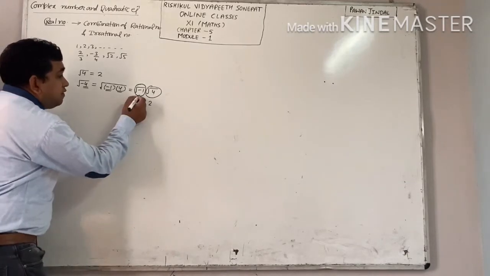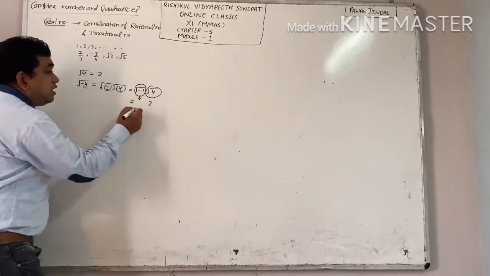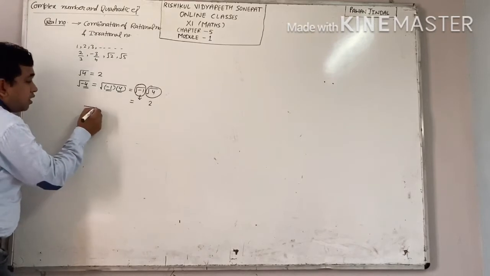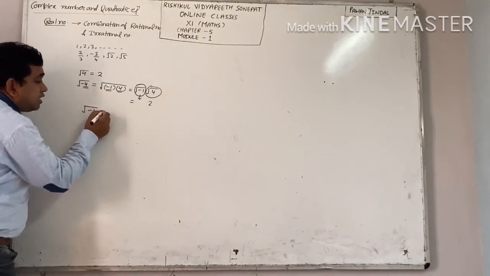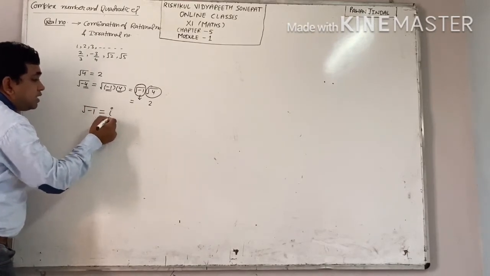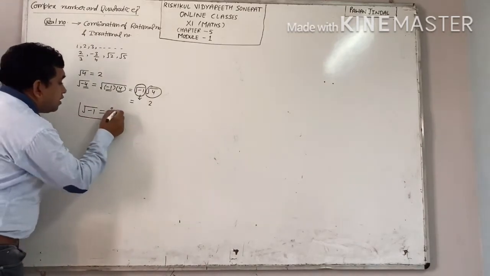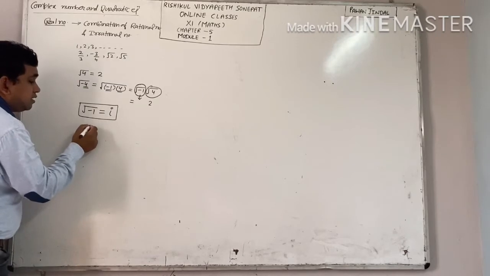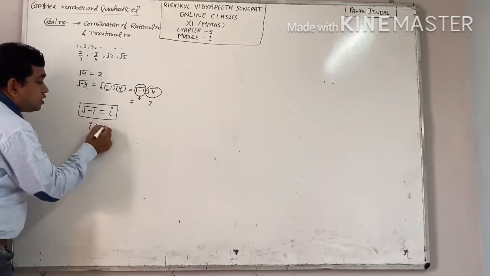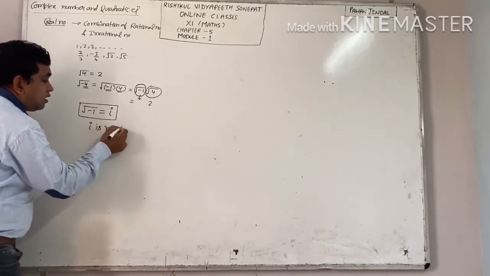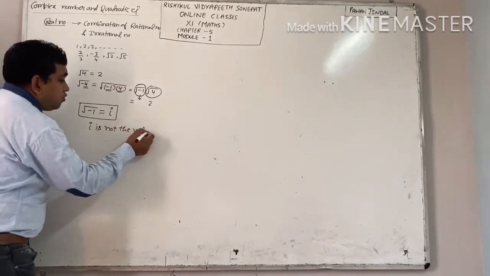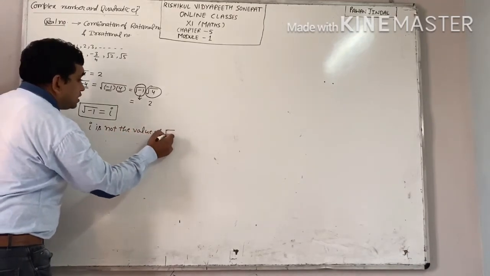That's why we have given root minus 1 one name, that is your iota. Iota is not the value of root minus 1.